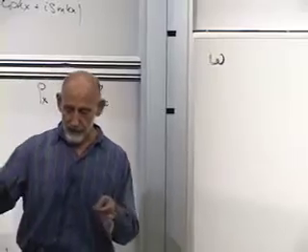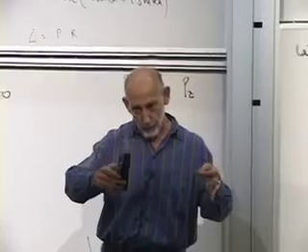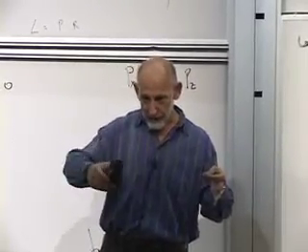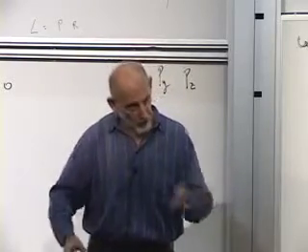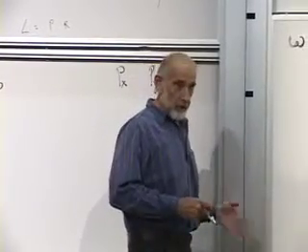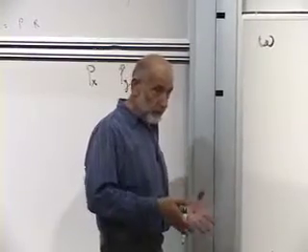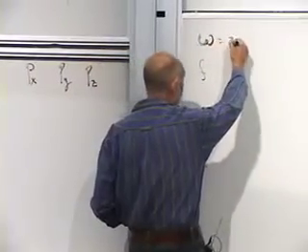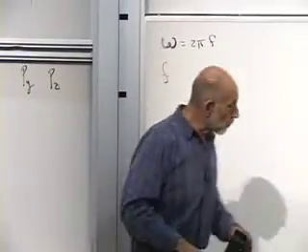So if you have a weight on the end of a spring and it oscillates, the period is not how long it takes to come back to the same place, but how long it takes to come back to the same place moving in the same direction. So one full oscillation is the period. The number of cycles or oscillations per second is the frequency f, and as usual, omega is 2 pi f. Nothing unusual, the usual omega.